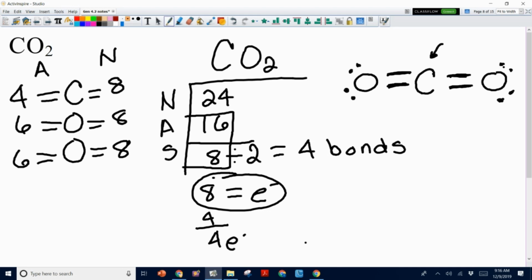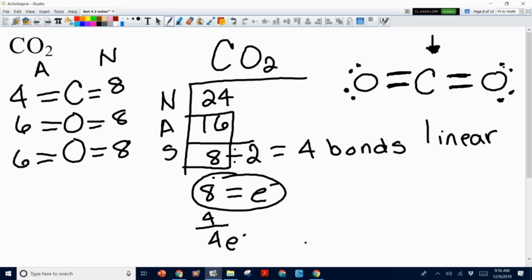Now we're going to look at this. We have 2 things attached to the center. So we have only 2 options that the shape of this could be, linear or bent. Now the trick is, since there are no unbonded electrons on this center carbon here, this is going to be called linear.